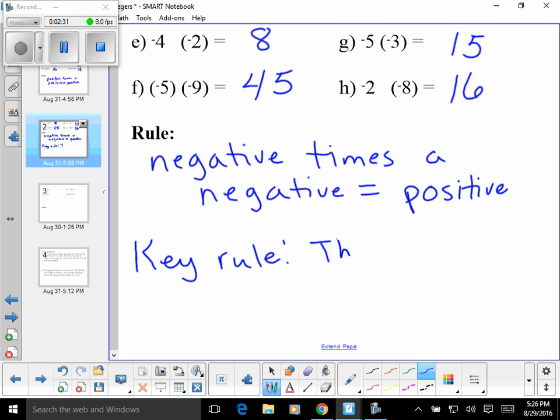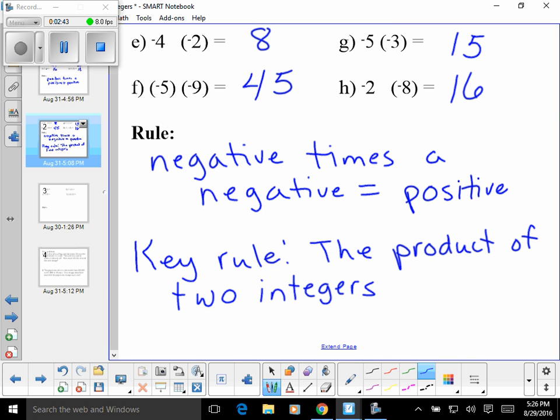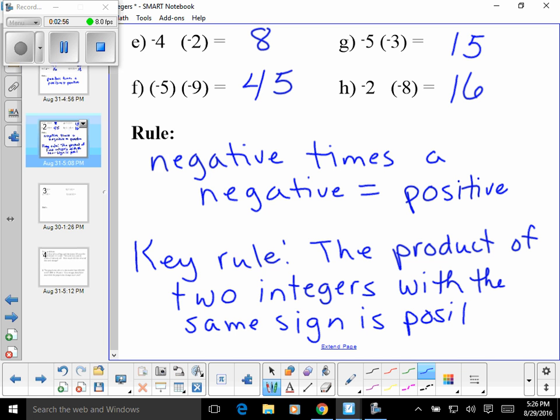So the rule is that the product of two integers with the same sign is positive. Now, remember that if you need to pause in order to catch up with the writing, you can do that.